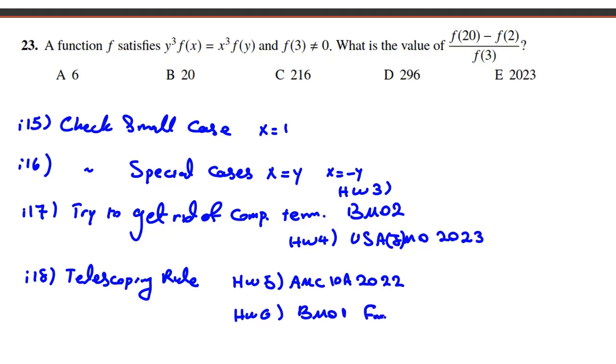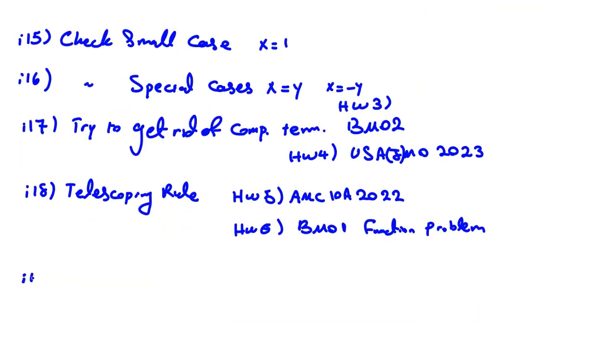It was a function problem. It is BMO 1. A function problem. In that problem, we should use the telescoping rule. Sometimes you should use the general form of the telescoping rule for these types of problems.